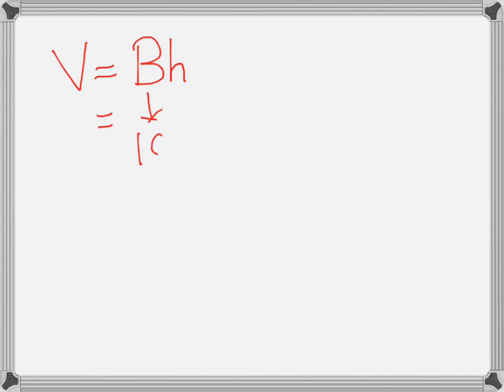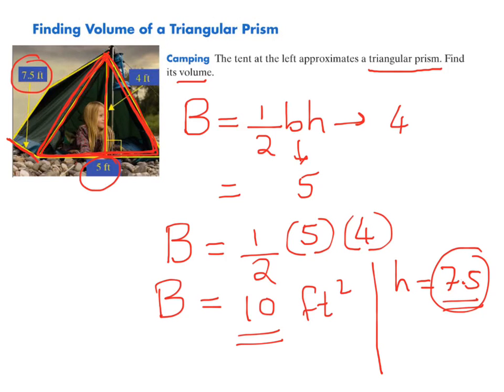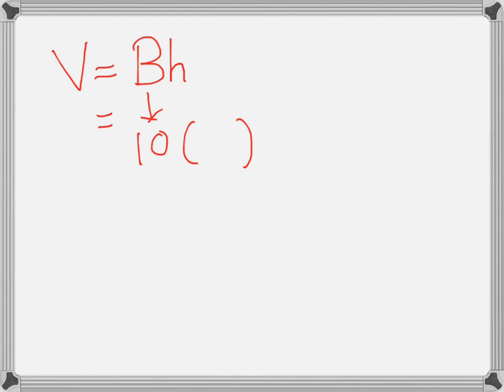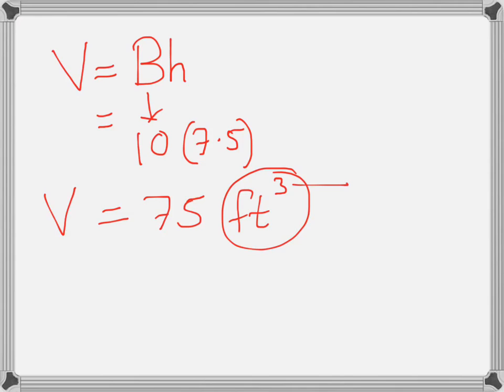So 10 times what is the height of the prism? 7.5. And use your calculator. The volume of the prism is going to be 75 feet cube. The unit of volume is cubic unit.